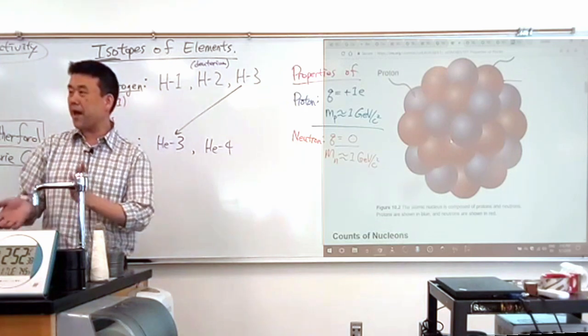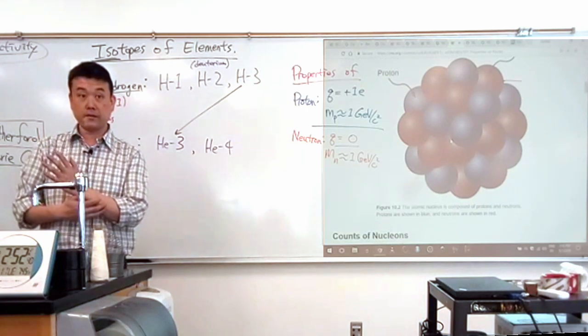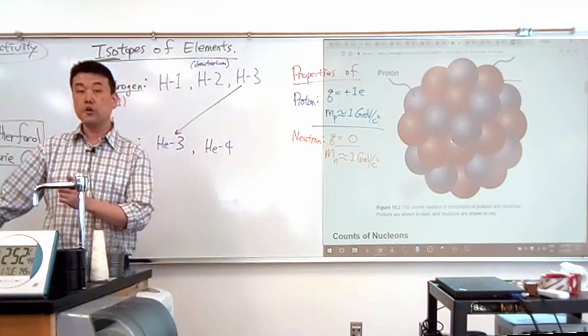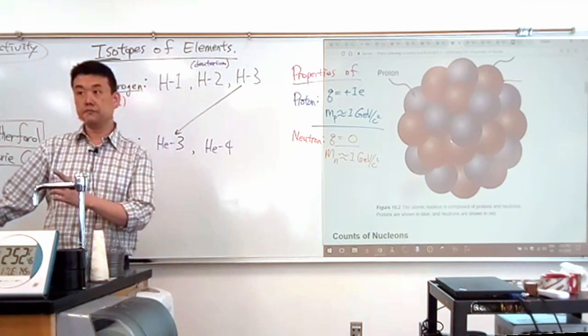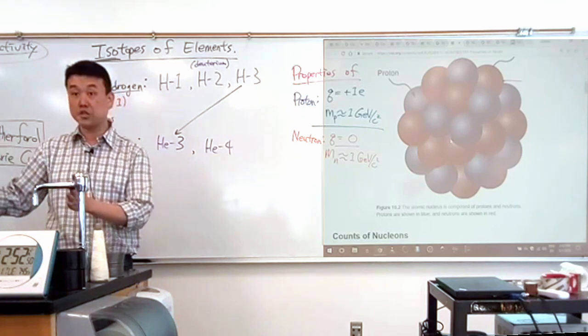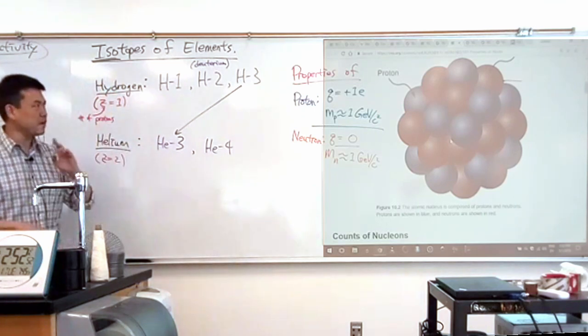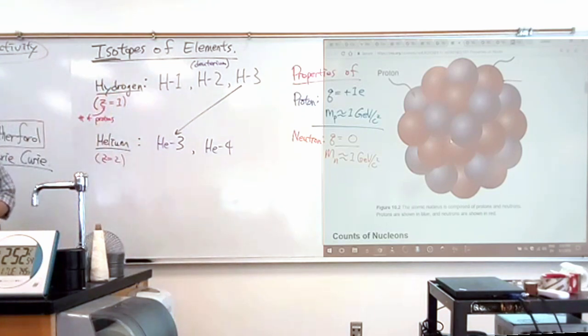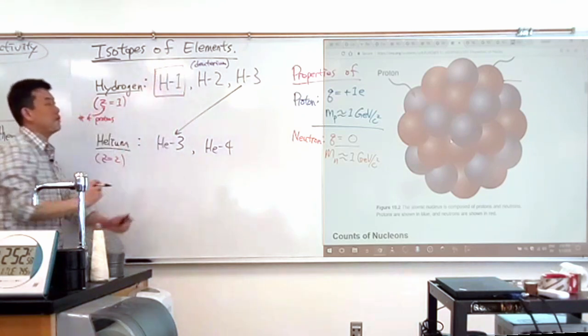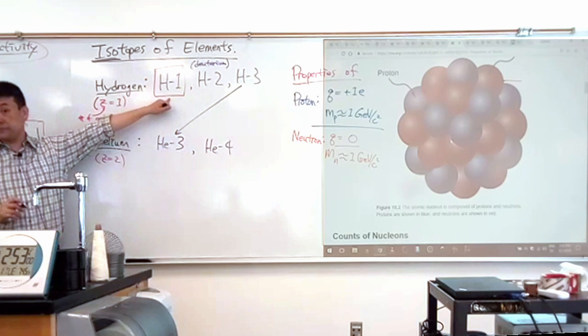So you guys notice the pattern of the atomic weight, right? As you go higher up in the number of protons, you see the number of neutrons increasing to catch up. But it's not really a hard and fast rule, because with hydrogen, this is stable, and that's the most common isotope of hydrogen.